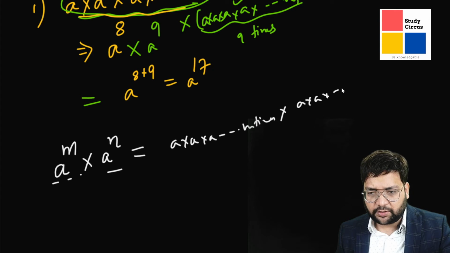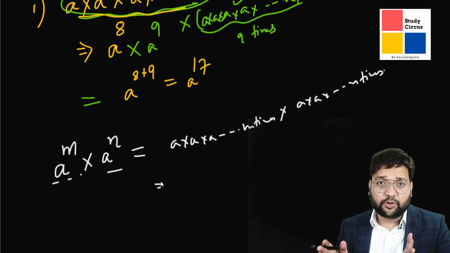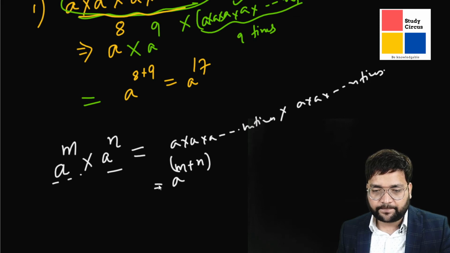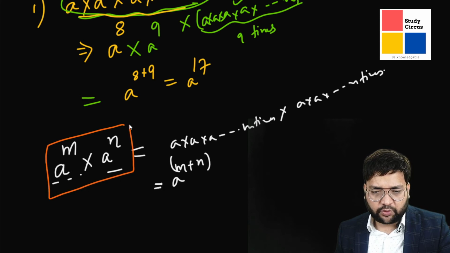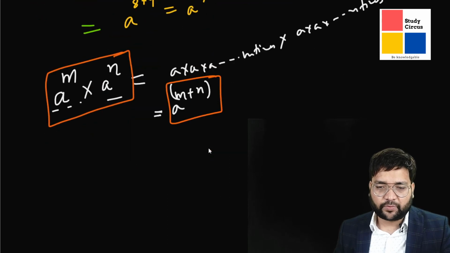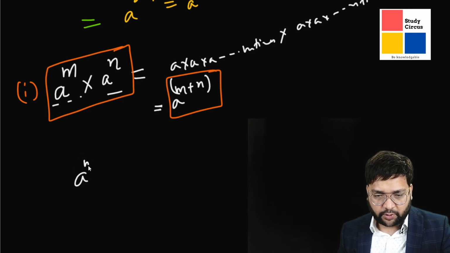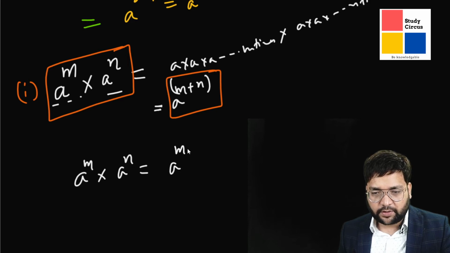So how many a's in total? m plus n a's. So this is equal to a to the power m plus n. This is rule number 1.